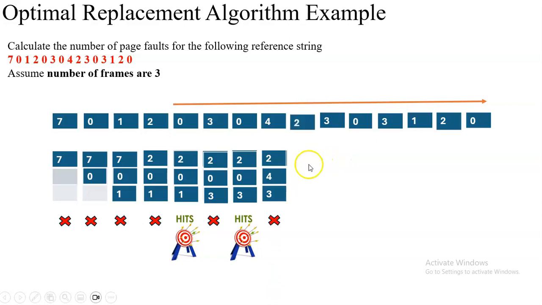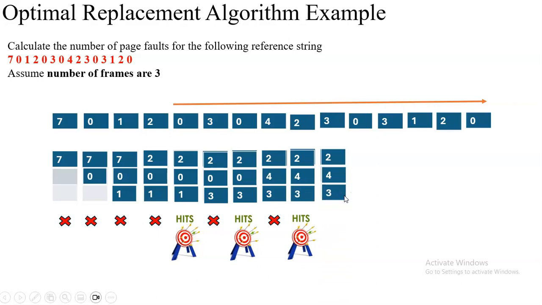Then comes 2. Check the contents. 2 is present, that means it is a page hit. No need of bringing it from the hard disk. Then comes 3. 3 is already present, so again there is no need of bringing it from the hard disk to main memory. It is a page hit.